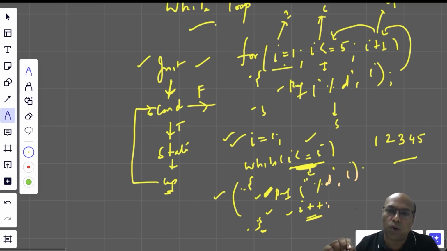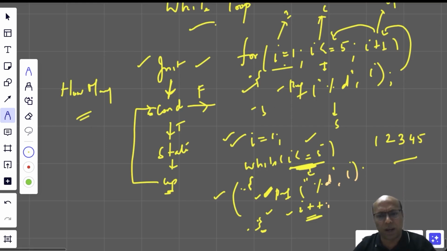If you know how many times the statement needs to be executed, use a for loop only. You can also use a while. But if the question is how long a statement needs to be executed, use a while loop.